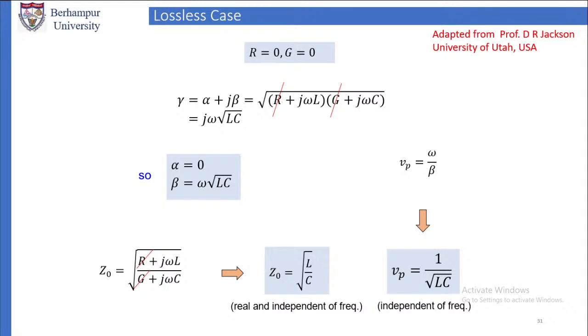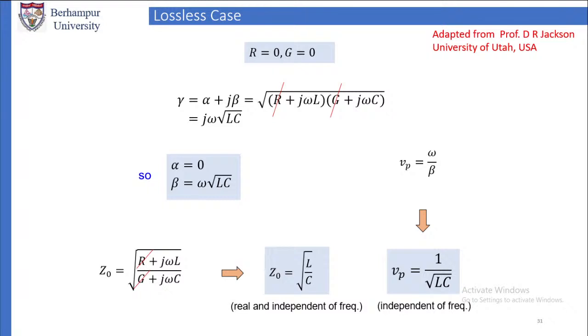Power consuming elements are resistance and conductance. Power storing elements are inductance and capacitance. Because of power consuming elements, there is loss. So if you do not want loss, then there should not be any power consuming element. So R has to be 0, G has to be 0. So in the lossless case, R is equal to 0, G is equal to 0.